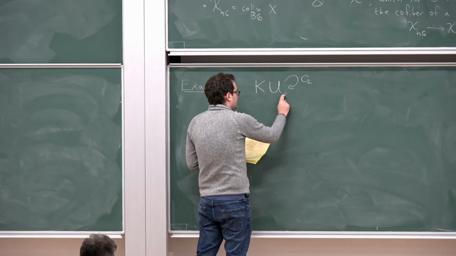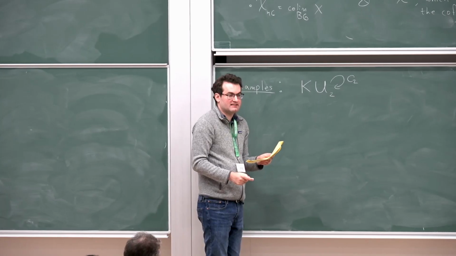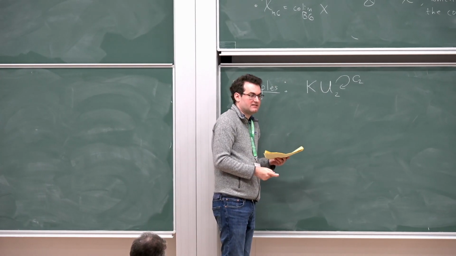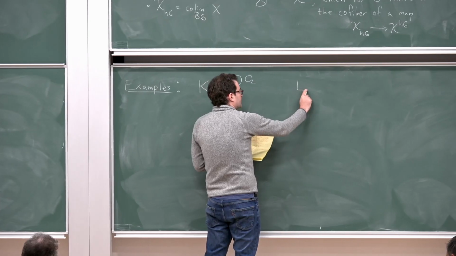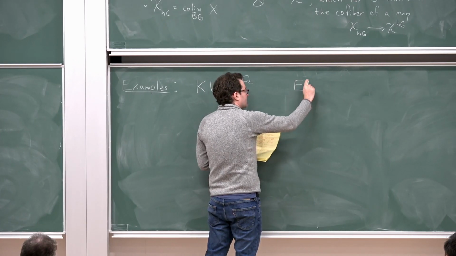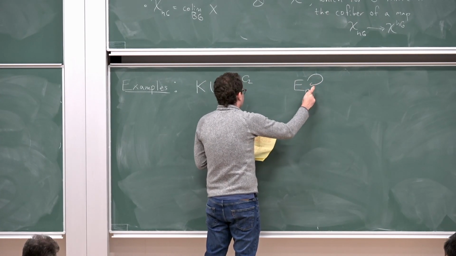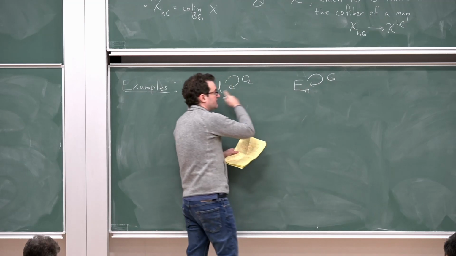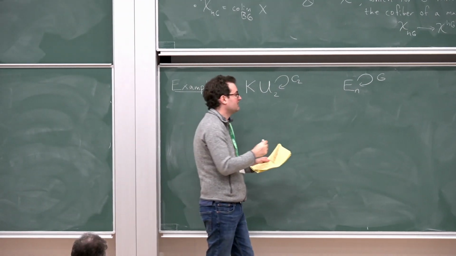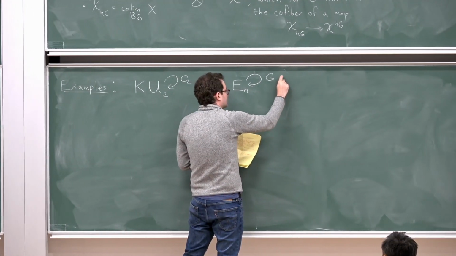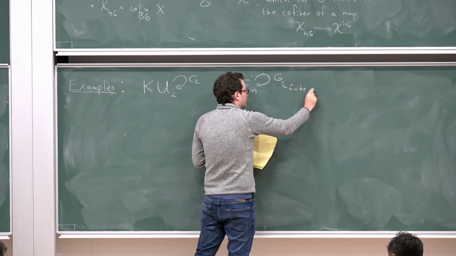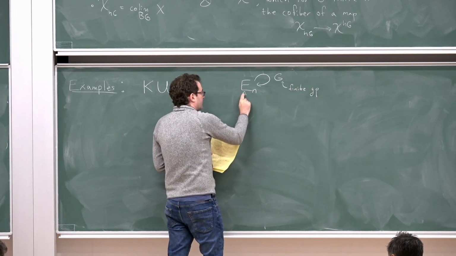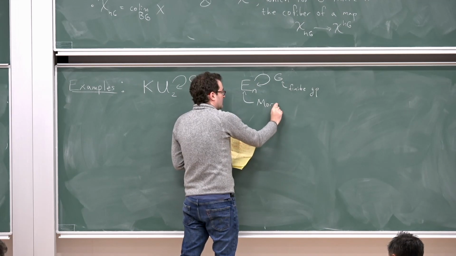And maybe I'll complete my KU because I like to think of KU as something like Morava E-theory. And something we'll probably see later is that in general we want to be studying something like a Morava E-theory with a G action, of which this is the most basic example, where G here is a finite group.